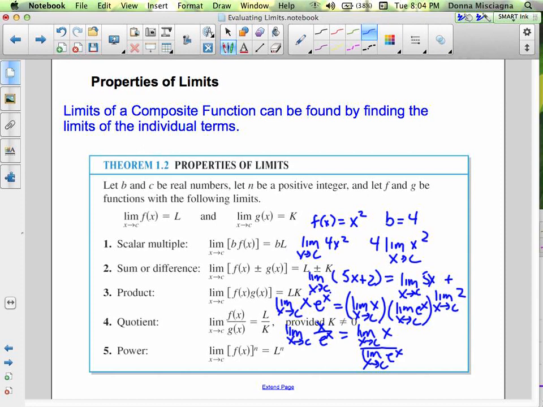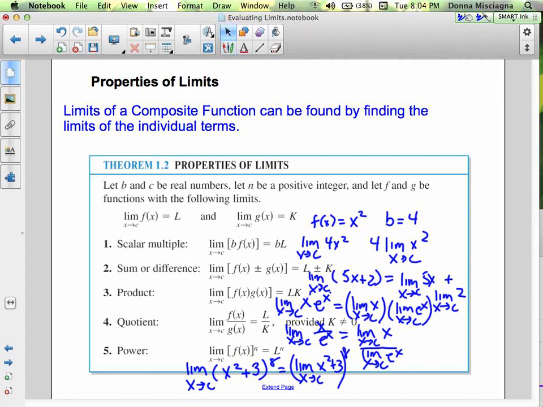So if I had the limit of x squared plus 3 to the 8th power as x approaches c, that'd be the same as the limit of x squared plus 3 as x approaches c, all raised to the 8th power. So I can just find the limit, plug c in, and then just raise the whole thing to the 8th power. So that just gives you another way of breaking them down, and they work out exactly the same.